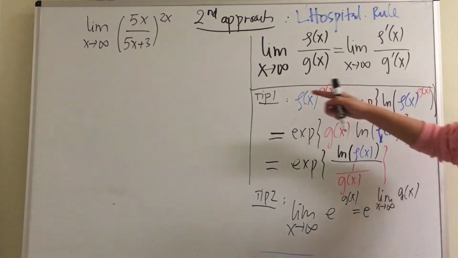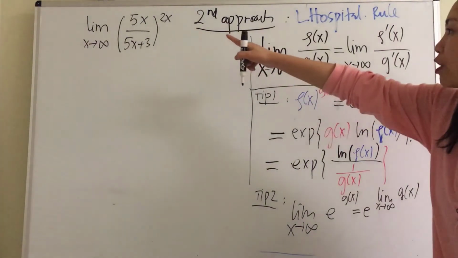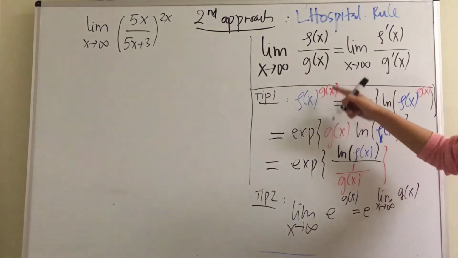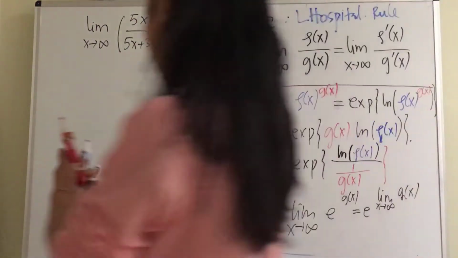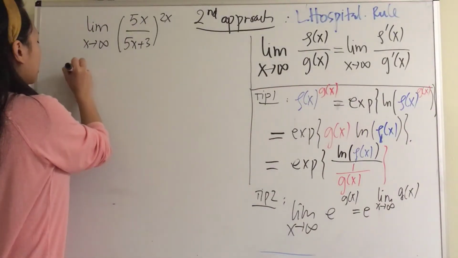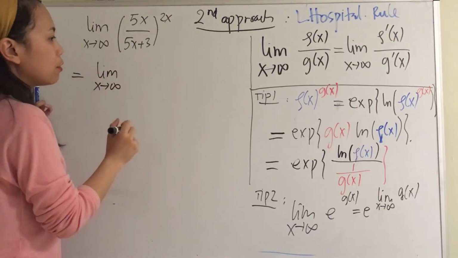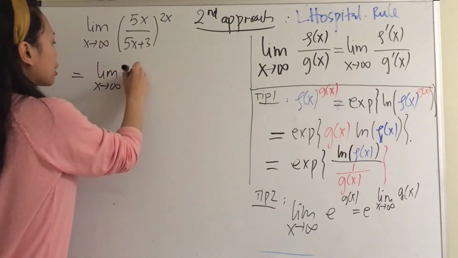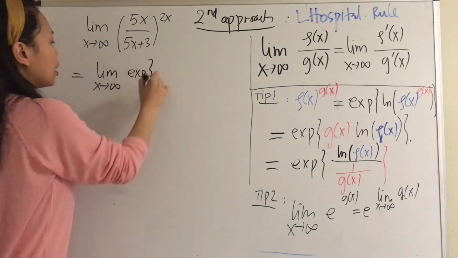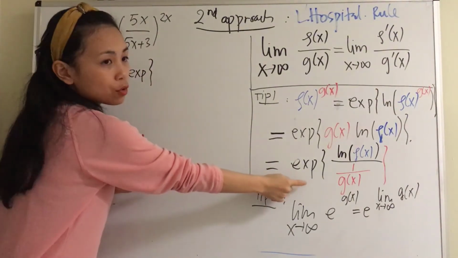And you see here, if I apply the first tip, f of x is 5x over 5x plus 3, and g of x is 2x, right? So this limit is equal to the limit as x approaches infinity of exp, and I'm going to use the result right here.